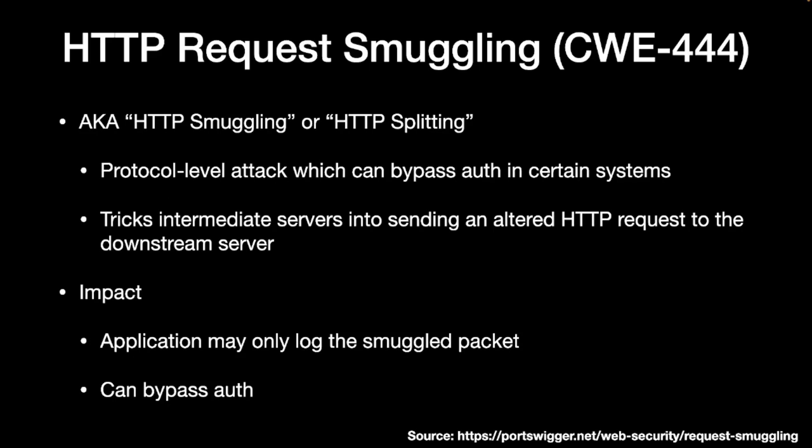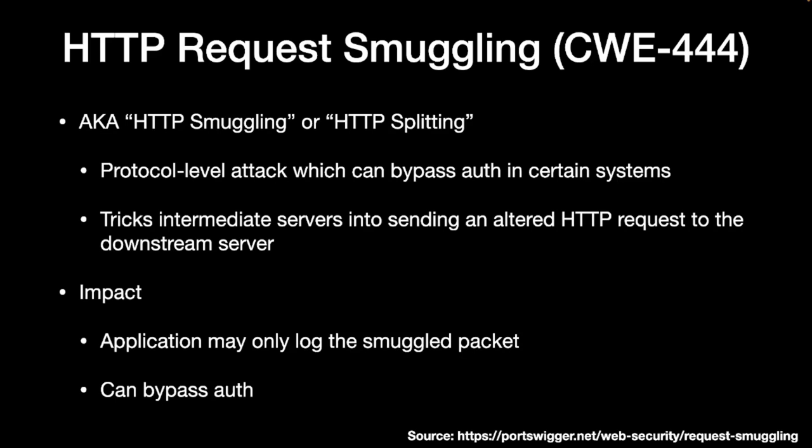Or it could be the opposite way, where the application only logs the packet attempting this exploit, and then you may not know if it was successful, and you may not know what was bypassed to make this happen. And then, of course, bypassing authentication is really important for any system.